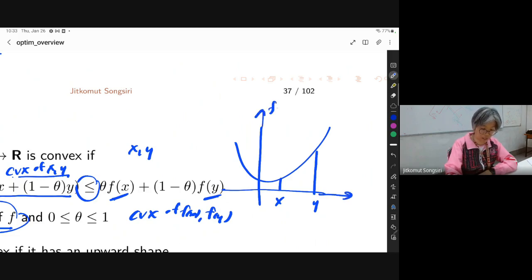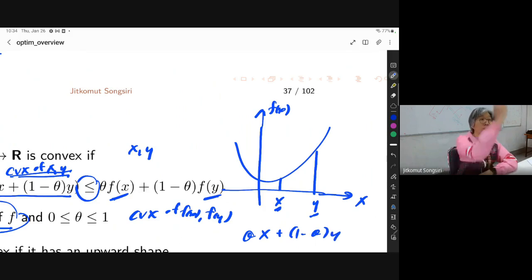This is the axis of f(x). This is the axis of x. Any point x, any point y, convex combination of x and y. Where is it in this sketch? Where is the vector theta x plus 1 minus theta y? Is it on the x-axis or on the y-axis?